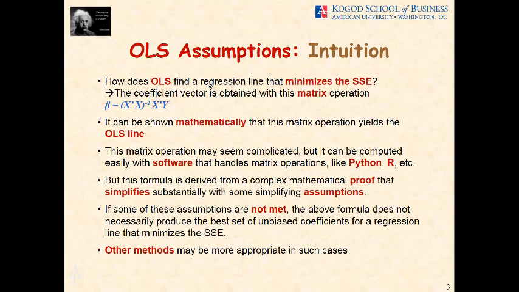And if you apply this formula, boom, you get the OLS coefficients just like magic. Software like R and Python are very good at multiplying matrices, so we don't have to worry about all that.